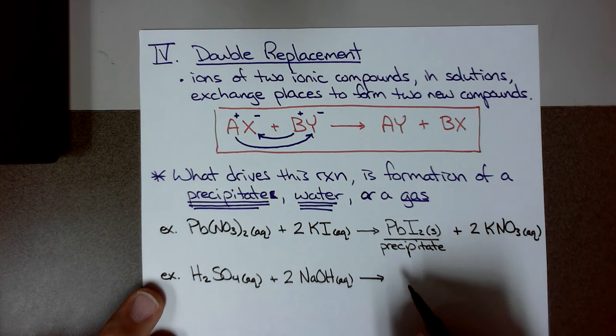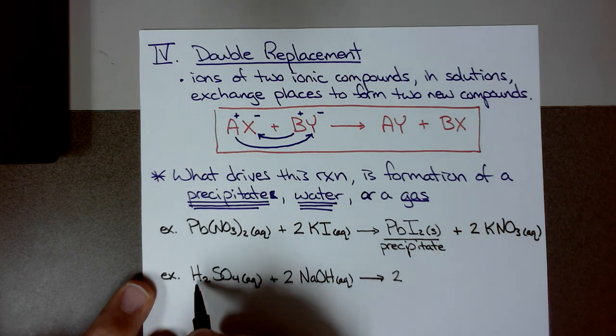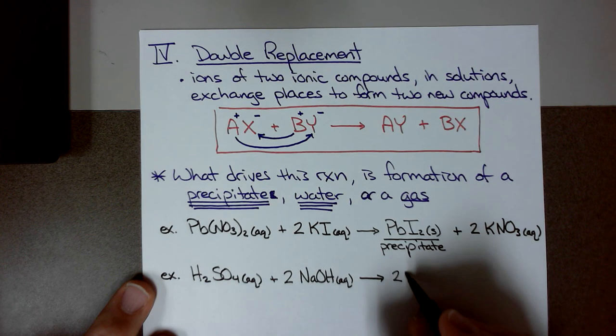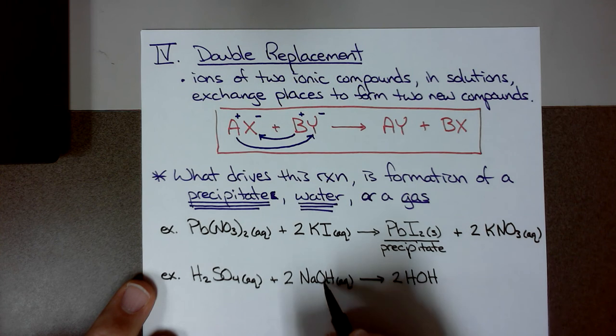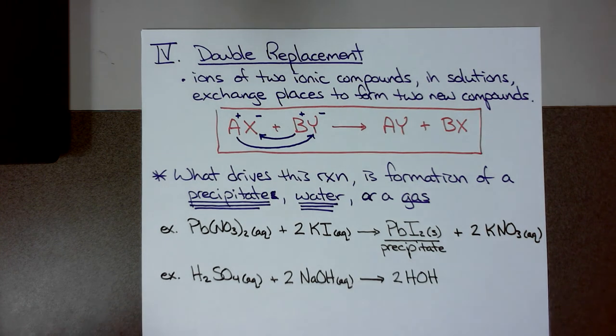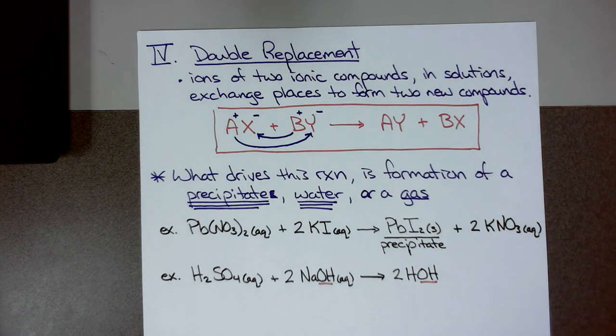And so we get 2 moles, and I'm going to write, because to balance this I would need 2 HOHs, and I'm writing water this way because you notice there's the OH here, hydroxide, and the hydroxide here, so we want to make sure we have our hydroxides.